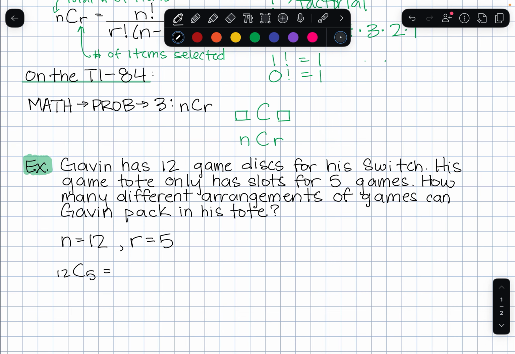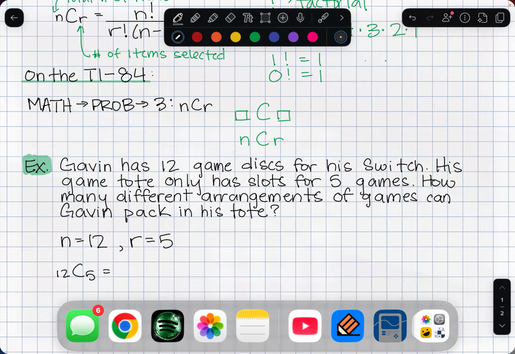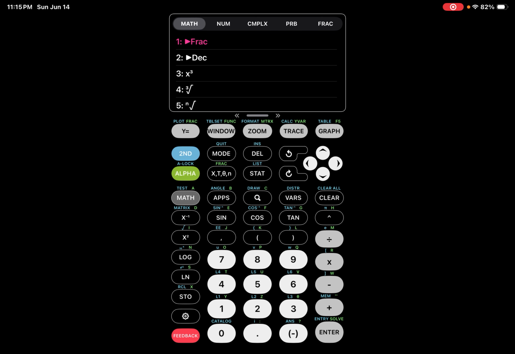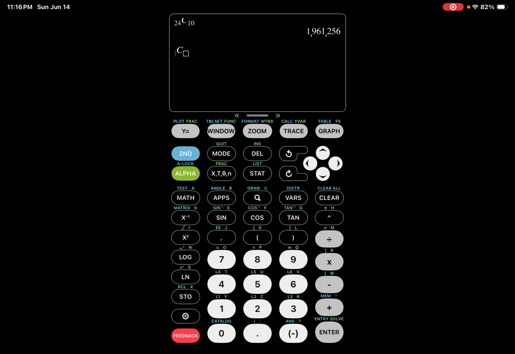We'll go ahead and do the calculator first, and then we'll double check with the formula. So on the calculator, I want to do 12C5. Maybe if I can get my calculator to work. And I can't. Okay. So we're going to go math. We're going to go over to PRB, as it is on my calculator. We're going to choose option 3.